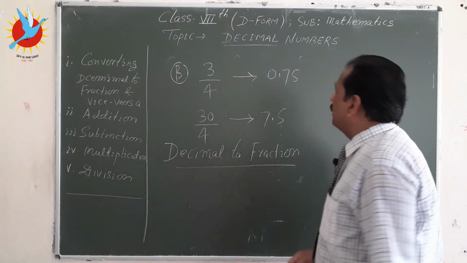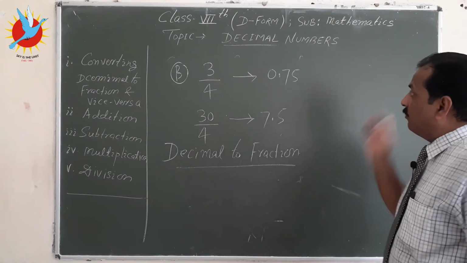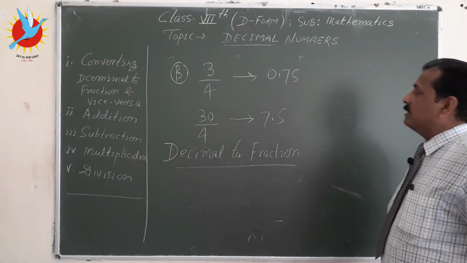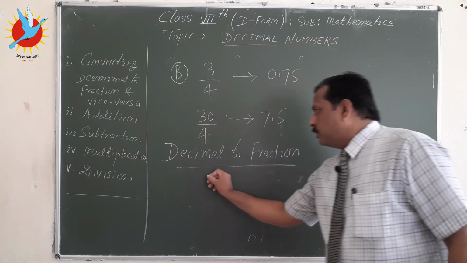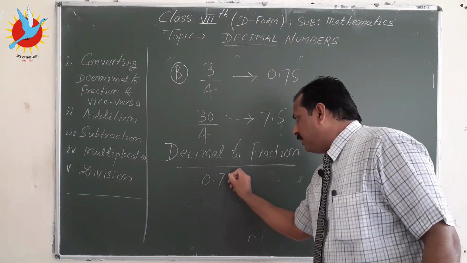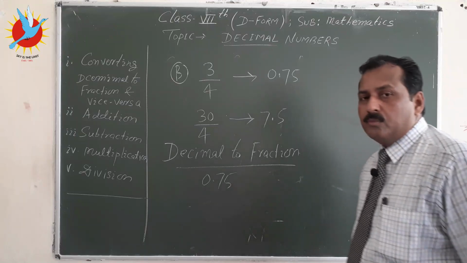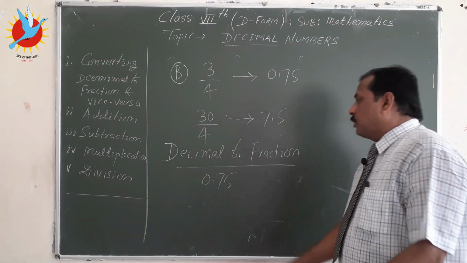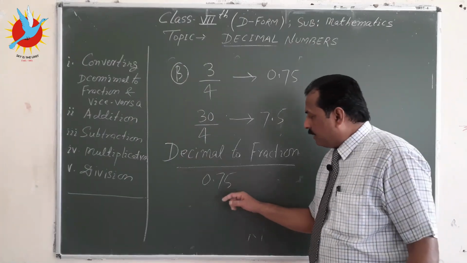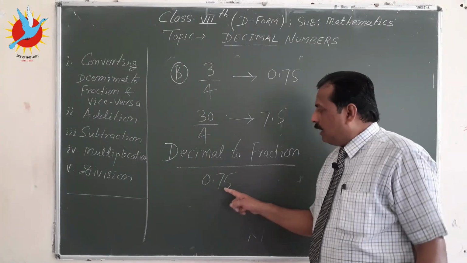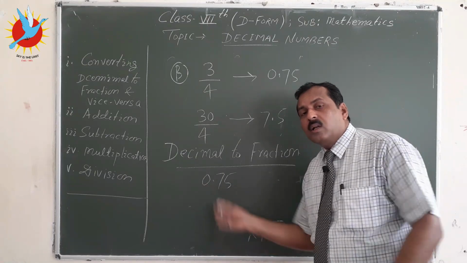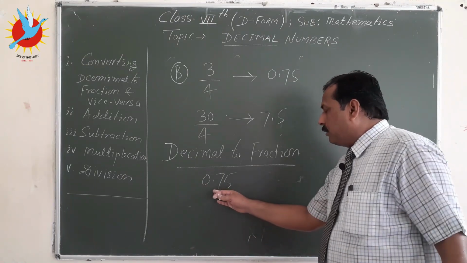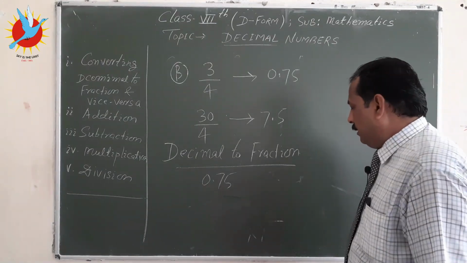Let us take this example itself, this 0.75. 0.75 is a decimal number. It has to be converted into a fractional number. This is 0, which means the whole number part is 0 and only the fractional part is there.